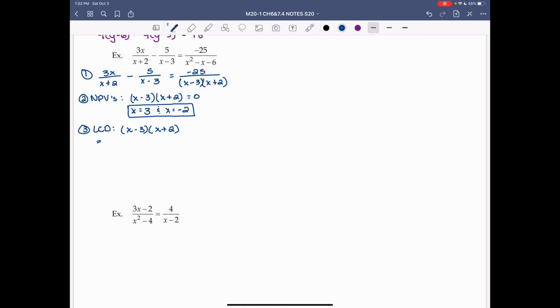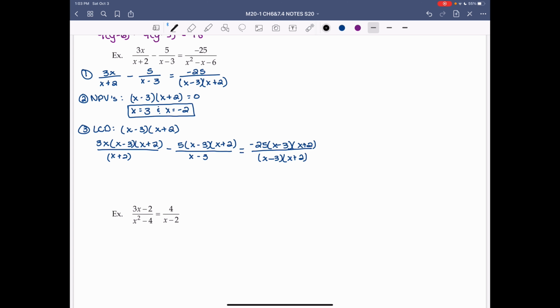We get 3x times (x minus 3)(x plus 2) over x plus 2, minus 5(x minus 3)(x plus 2) over x minus 3, equals negative 25(x minus 3)(x plus 2) over (x minus 3)(x plus 2).